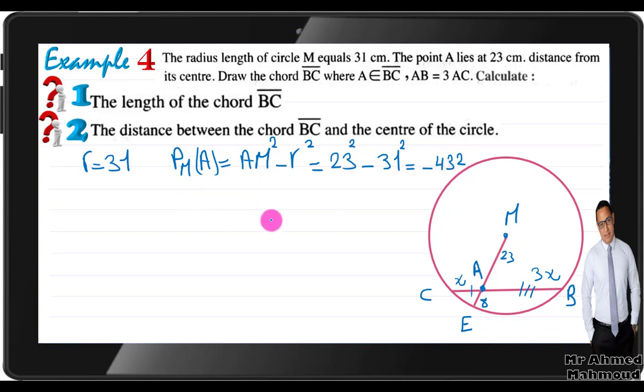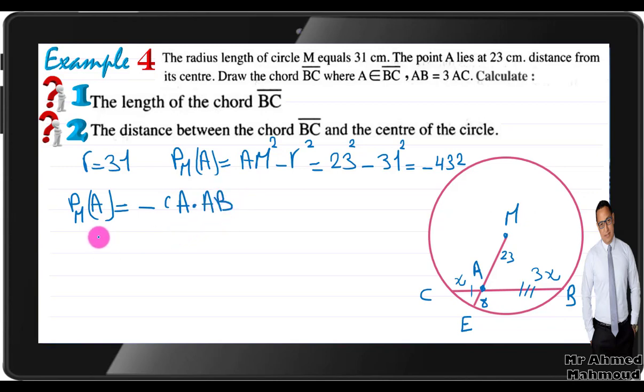Okay, now by using the previous rule, P of A equals CA times CB, again but in negative. Here P of A with respect to M equals negative CA times AB.